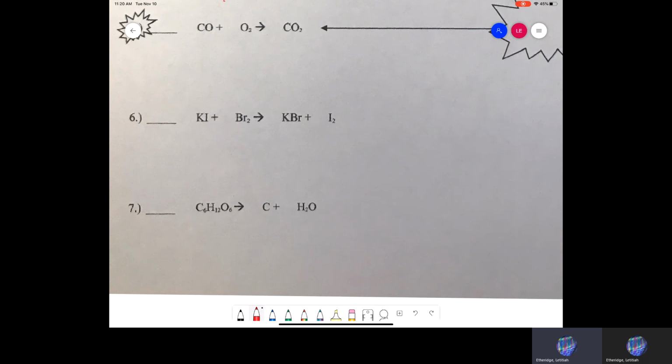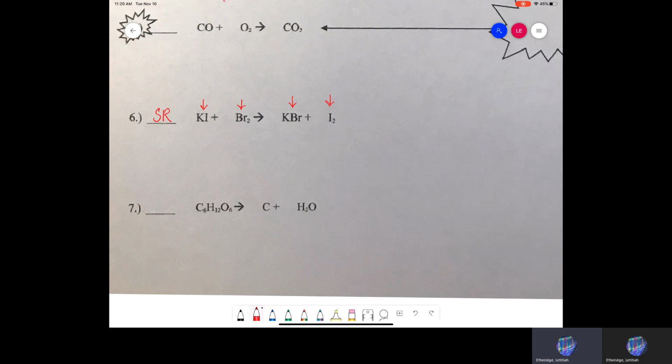For number 6, first of all, it's asking you what type of reaction it is. If you take a look, you have a compound and an element, and then you have a different compound and a different element. If you were to look in your notes, that would tell you that it is single replacement.